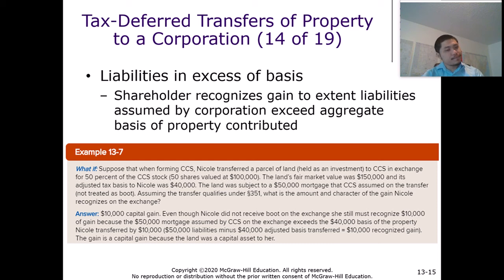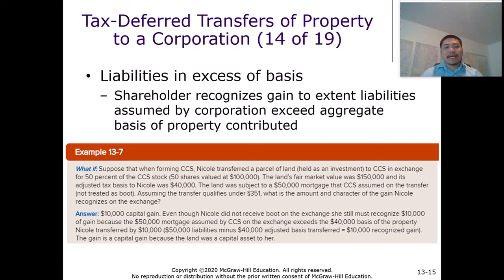Because there's no tax avoidance purpose or anything involved here. It's just a mortgage that she took out, you know. So assume that the transfer qualifies under Section 351.